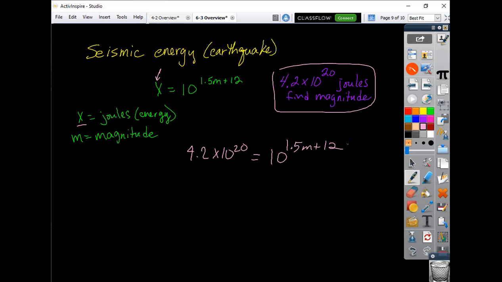Where's the variable I'm trying to solve for? Right here. When it's in the exponent, what do I have to do? Write a log. So log base 10, and if it's base 10 you can leave the 10 out, it's implied, of my number here equals the whole expression up here.